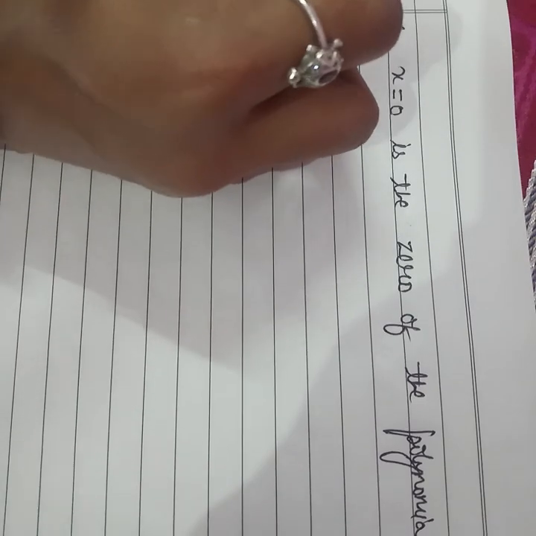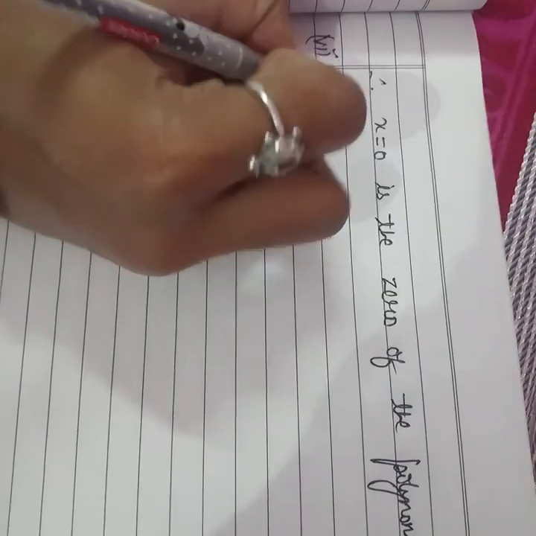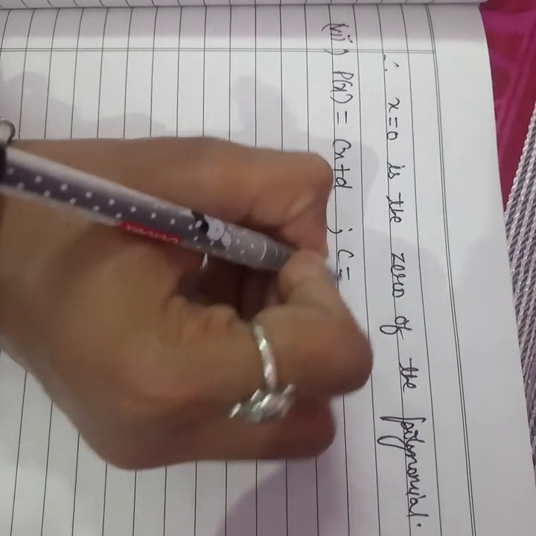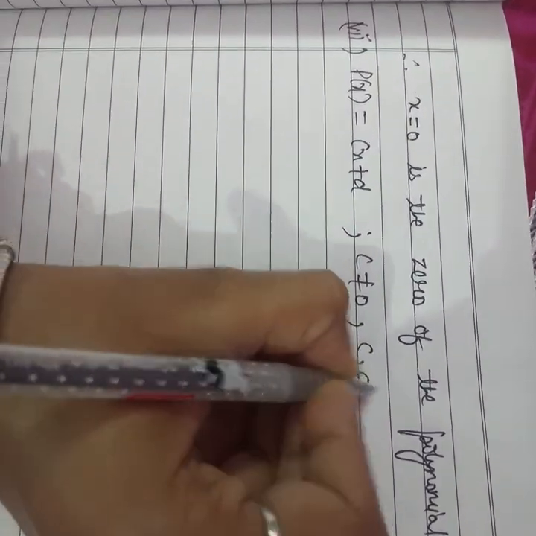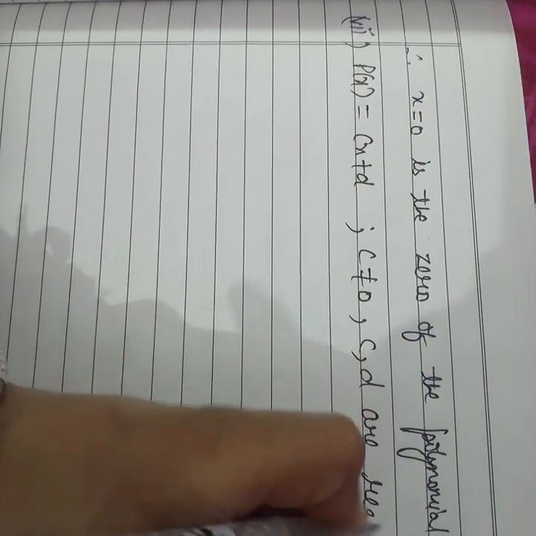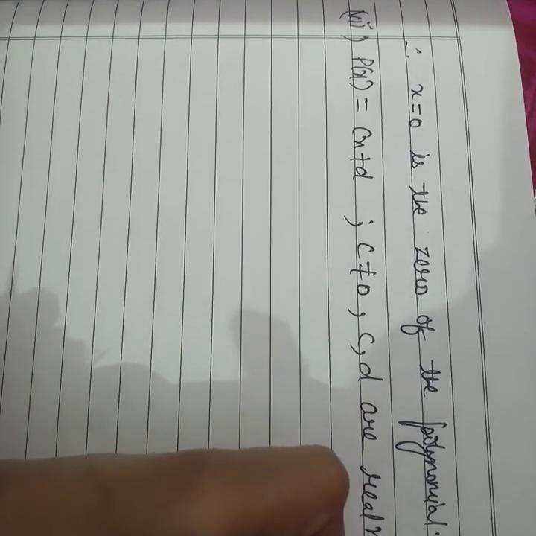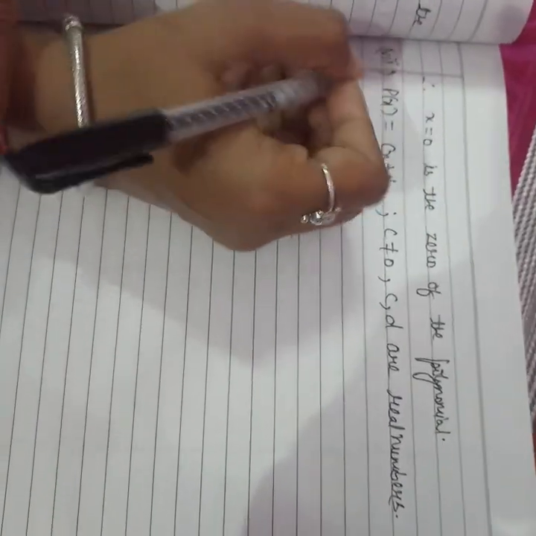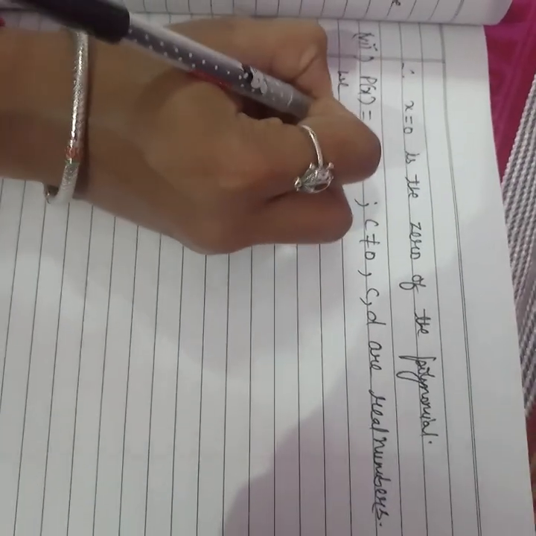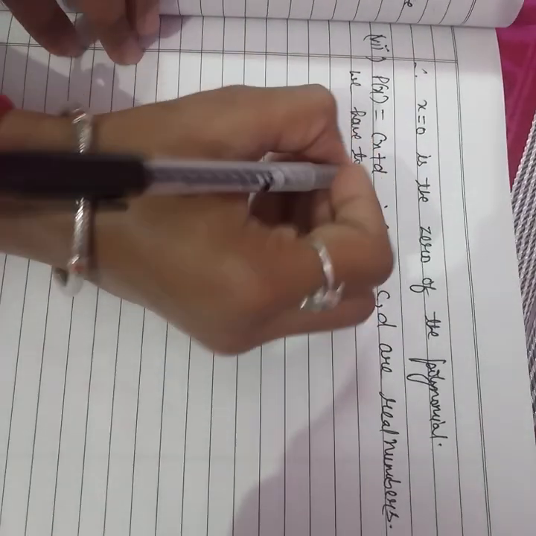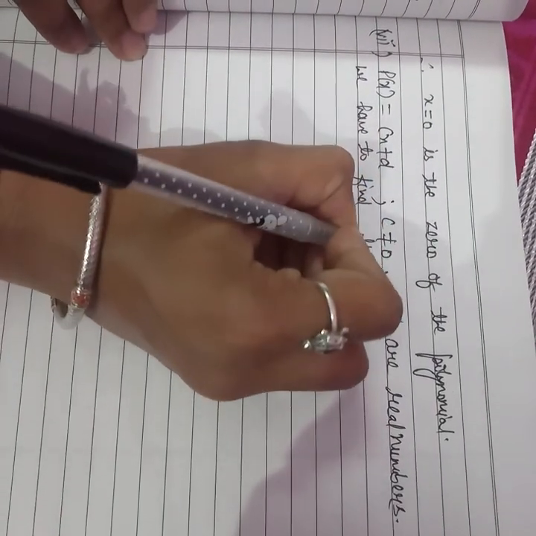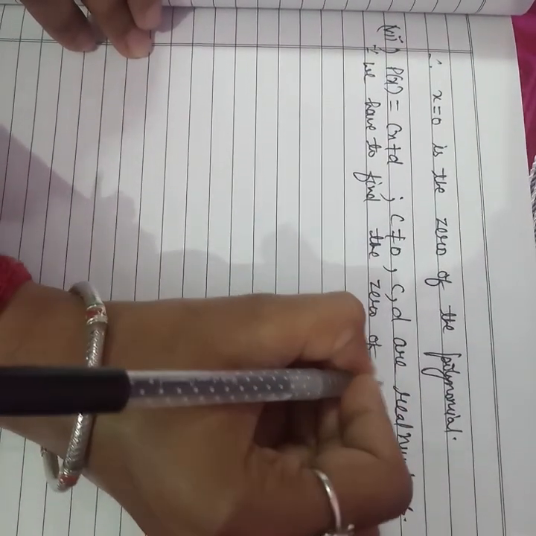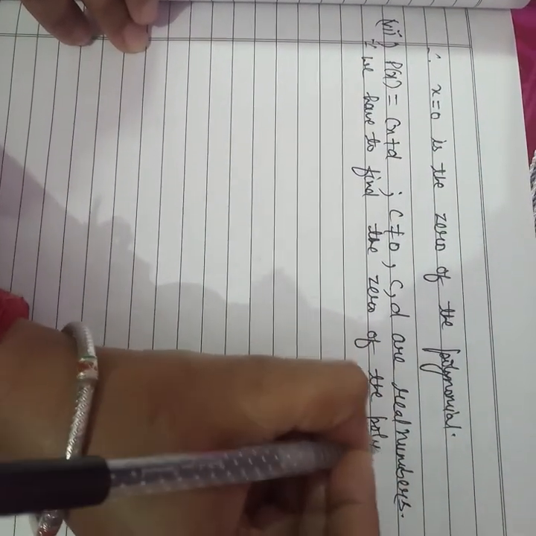Now the last part is the seventh part, that is p of x equals cx plus d, where c is not equal to 0. C and d are real numbers, that means they can be rational or irrational. Again we have to find the zero of the polynomial.